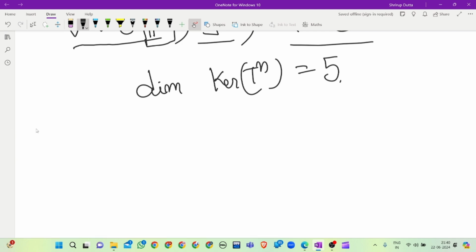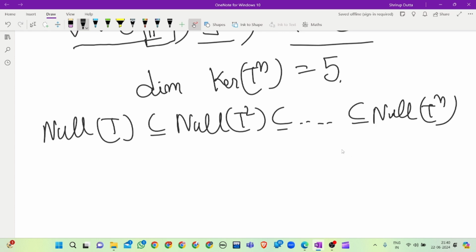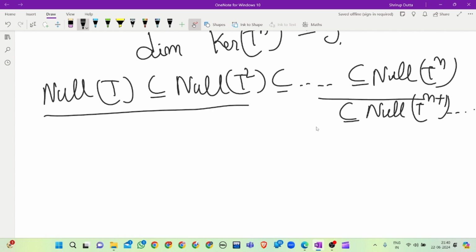We claim that the null space of T is a subset of the null space of T square, which is a subset of the null space of T to the power n, then the null space of T to the power n plus 1, and so on. This subset inclusion will continue. You can easily check this.